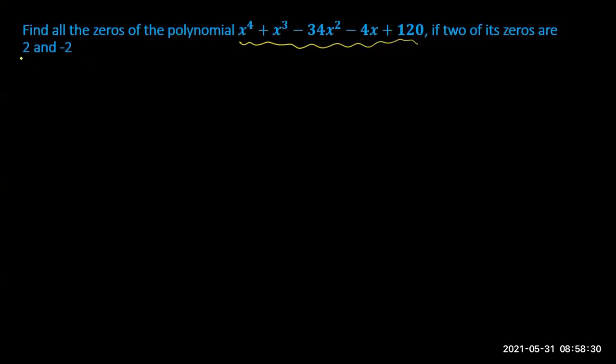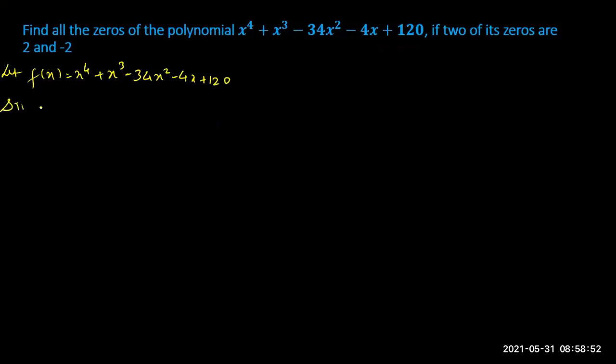So if 2 is a zero of the polynomial, then what are the factors? 2 and minus 2 are zeros of the given polynomial. So let f of x be equal to x raised to 4 plus x cube minus 34x square minus 4x plus 120.